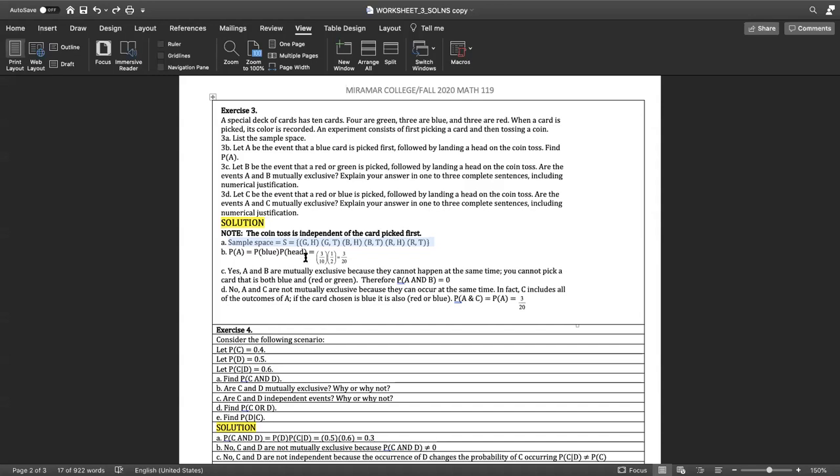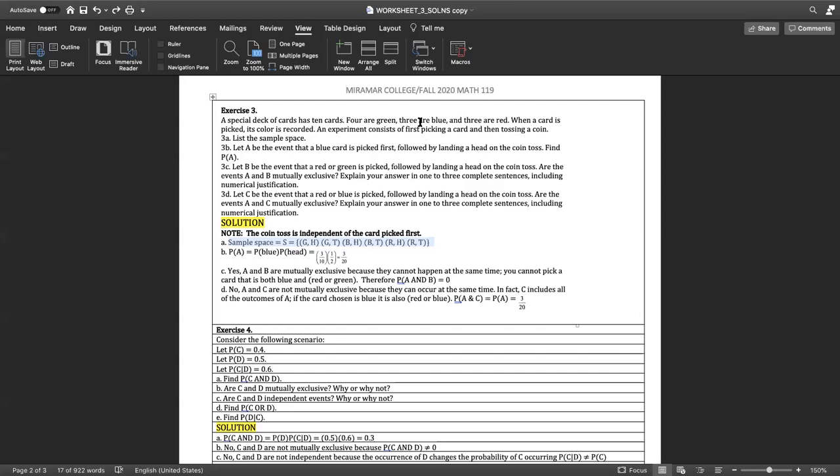So the way we're going to do this experiment is take the event A, which is the event that a blue card is picked first, followed by seeing a head on the toss, okay? So we're going to take the probability of blue, all right?